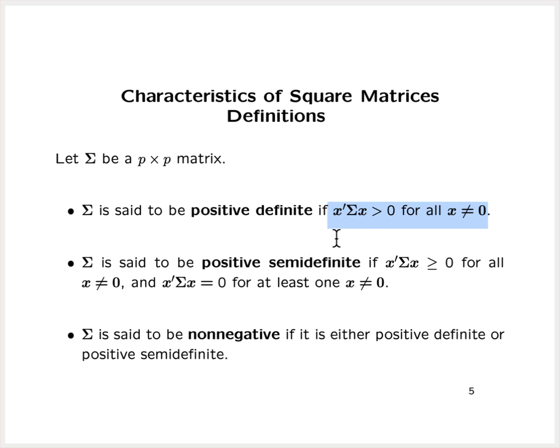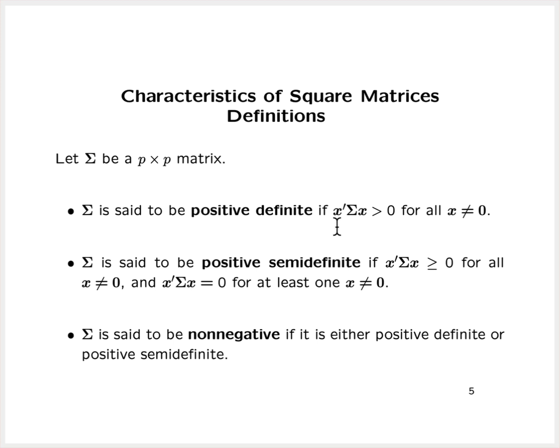We're not going to go into detail on this because we really don't need a whole lot of detail. But this is a quadratic form, and it's a product. We have a p by 1 vector x, and this is saying take the transpose of that vector.